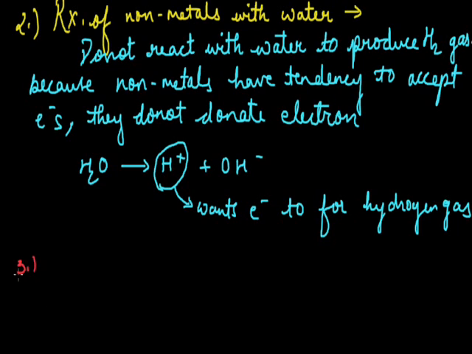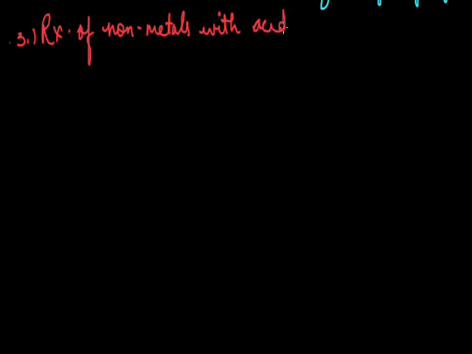Next is the reaction of nonmetals with acids. Here we are talking about the reaction of nonmetals with dilute acids. Nonmetals do not react with dilute acids and they do not liberate hydrogen gas.